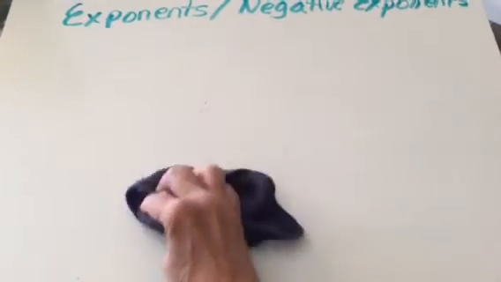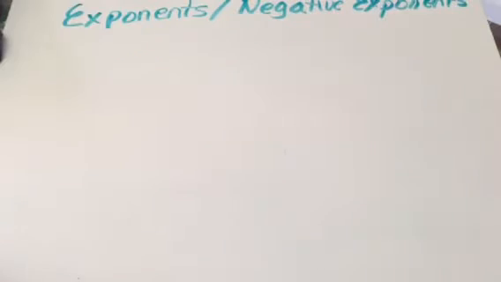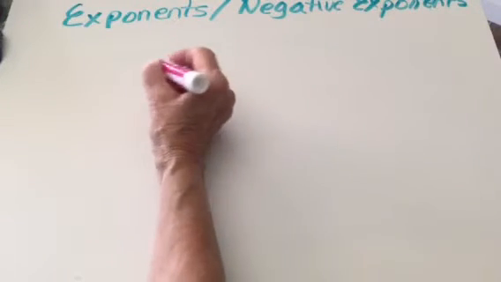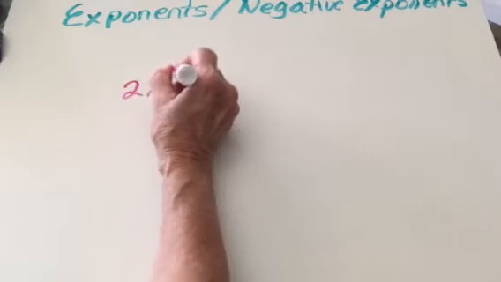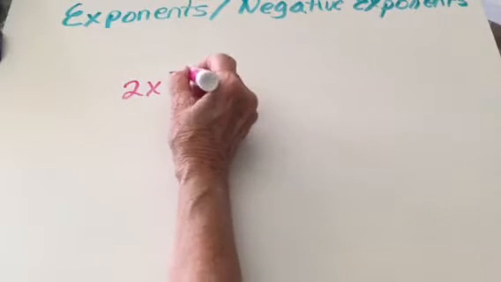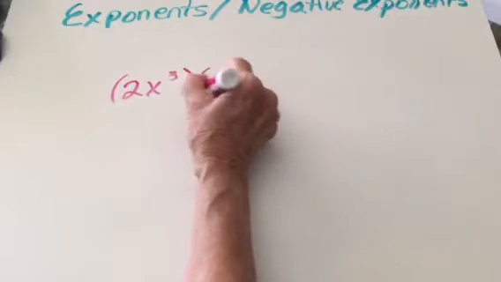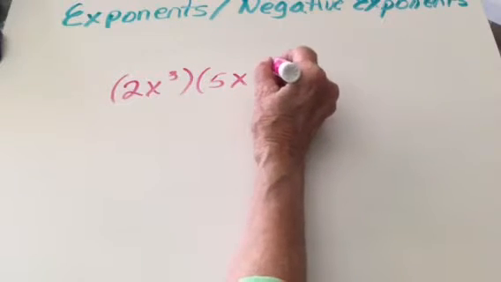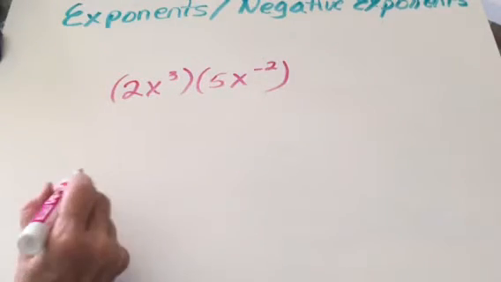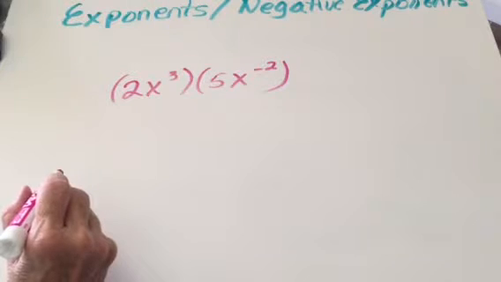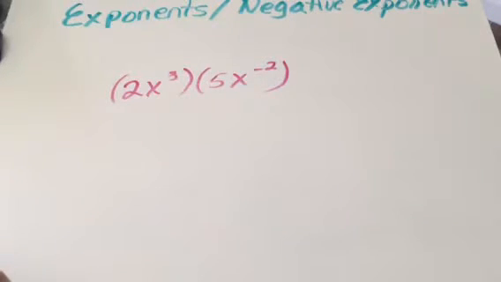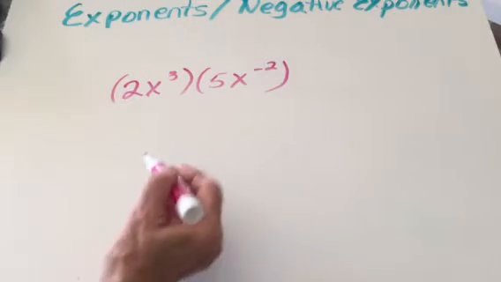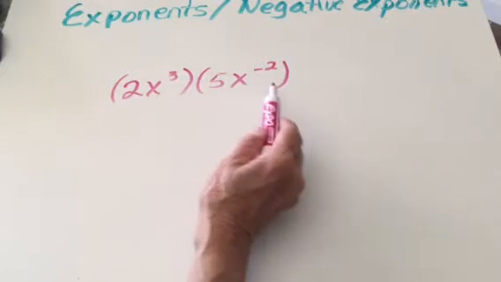Let's try this. What if I would say 2x to the 3rd times 5x to the negative 2? What happens when you multiply things like this?